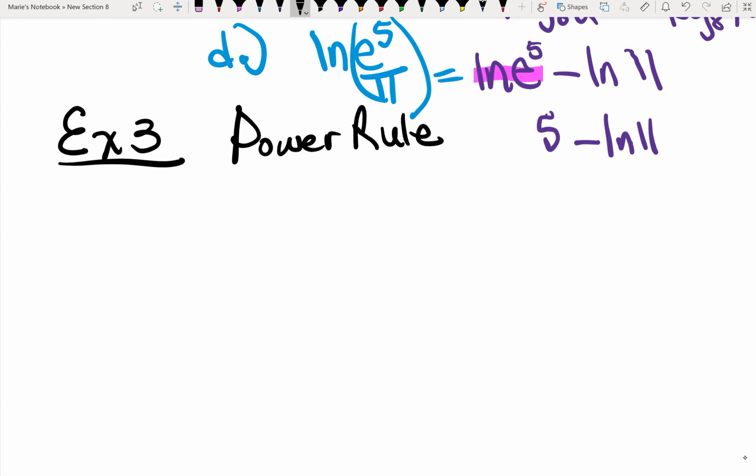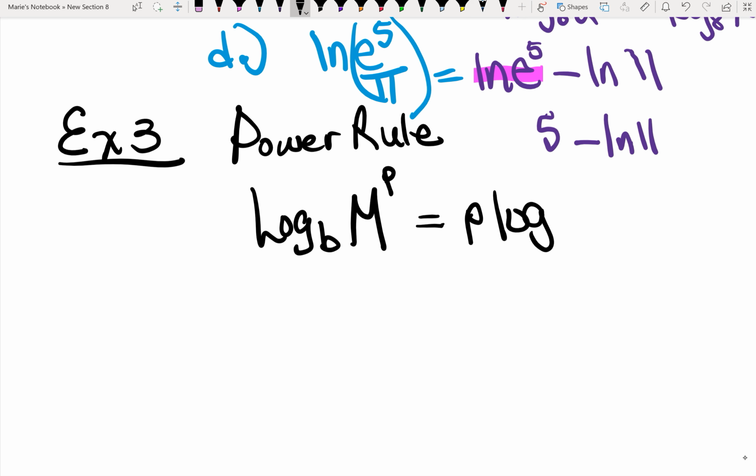And in the power rule, we simply need to remember that if I have, for example, log base b of m to the p, actually they use a p, not a b, so let me change that. It's actually a p, that this will change to p times the log base b of m.